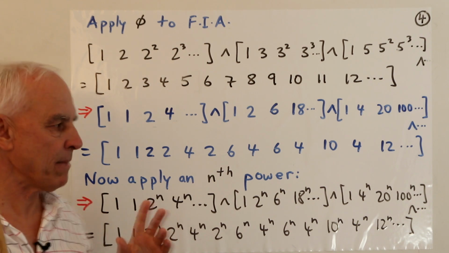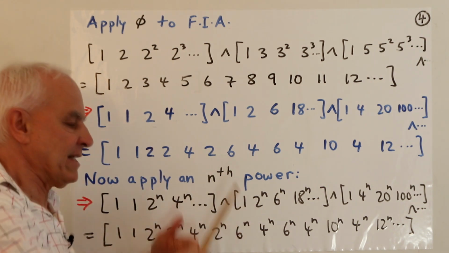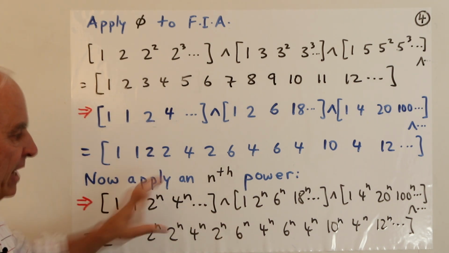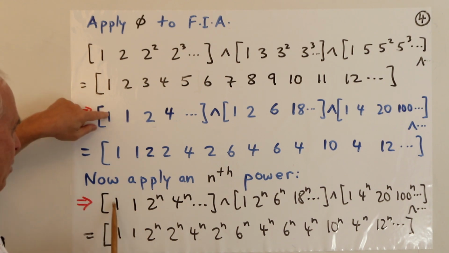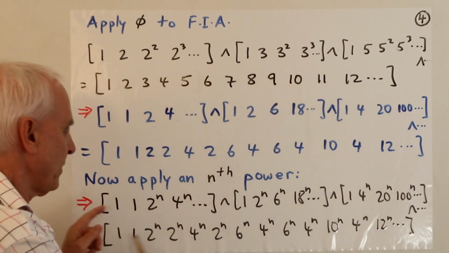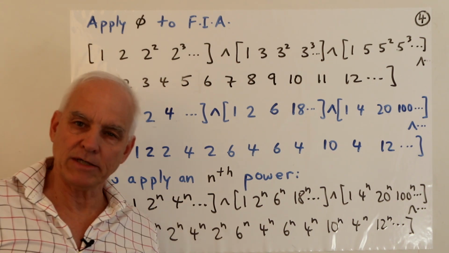Okay? Still the same idea. We can apply the multiplicative function of raising something to the nth power, and we're still going to get an identity exactly of the same kind. But now we just have to take all of these elements and raise them all to the nth power. Okay, all of them. And that's going to be another identity of sets or boxes.